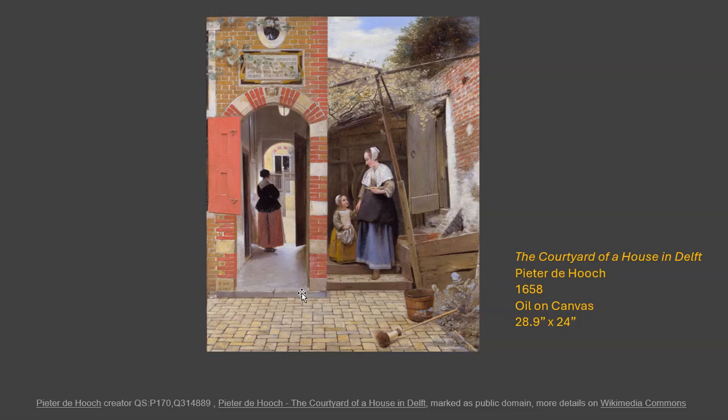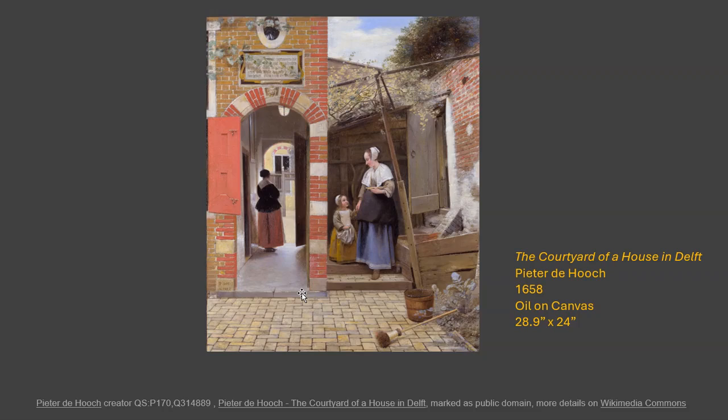Now, looking at this painting, we know that it was painted in the Netherlands in the 1600s. That means it was after the Reformation, after the Netherlands split away from the Catholic Church, after the iconoclasm of the Reformation, meaning rejecting Christianity being represented in images.